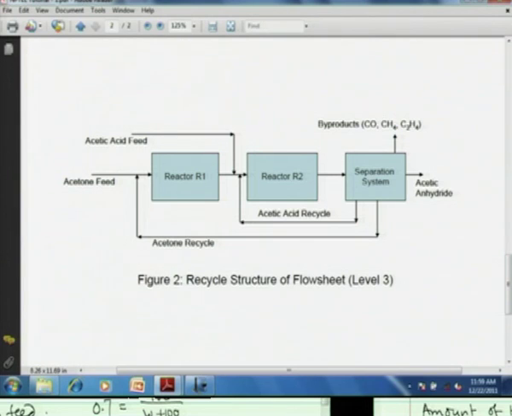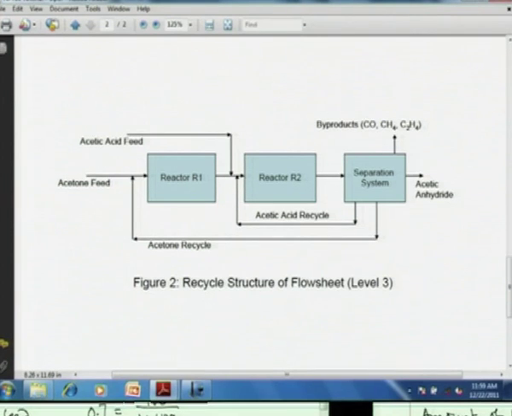However, acetic acid and acetone are fed to different reactors. So, we will have to have two recycle streams, remember not single recycle stream, as in case of previous example of acetone manufacture through IPA dissociation or dehydration of IPA, isopropyl alcohol. Here you will have two recycle streams.